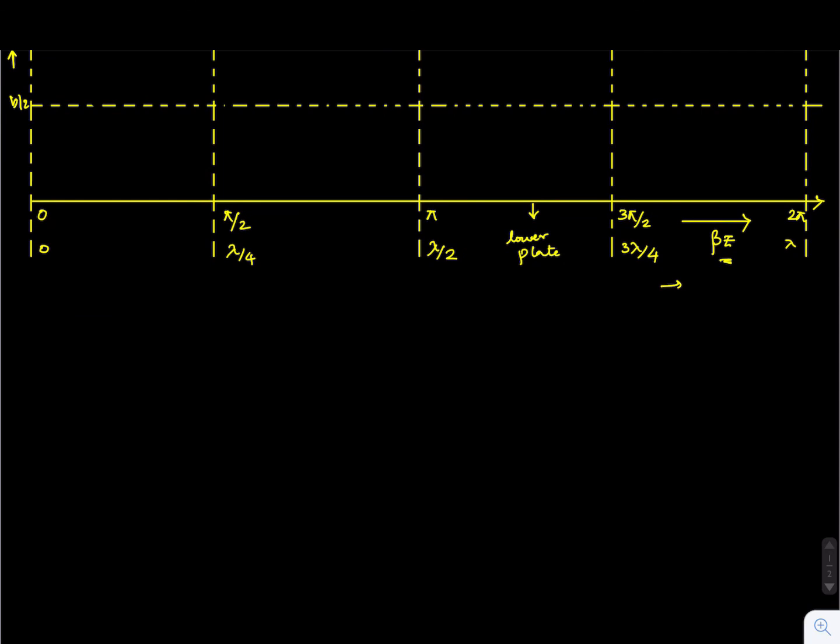The electric field has two components. One is the Ez component, Ez(y, z, t), which is equal to some constant a1 sine(n pi y by b) multiplied with cos(omega t minus beta z).